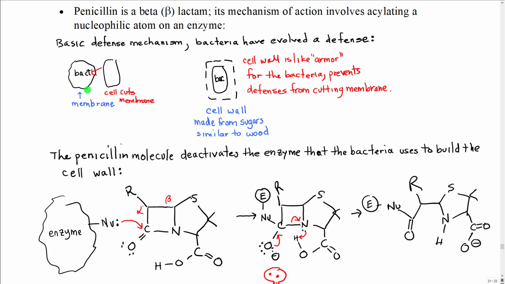Well, the problem is that when we have a bacteria like this, our natural defense, in other words, our immune system, works in this way. It recognizes the bacterial cell as a foreign cell.